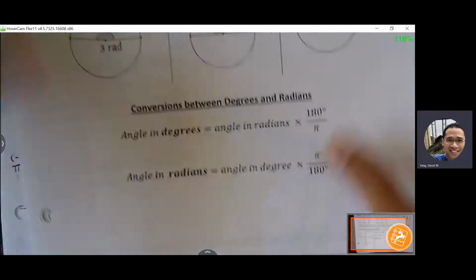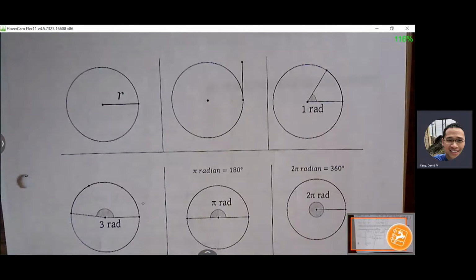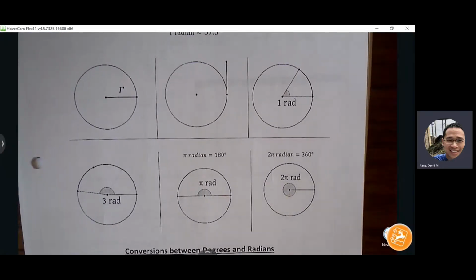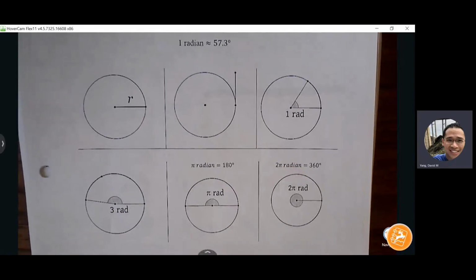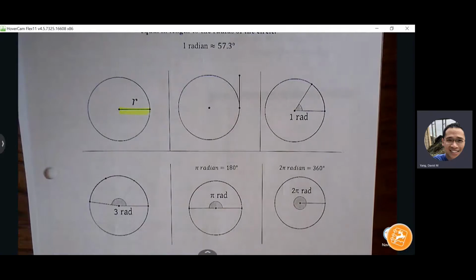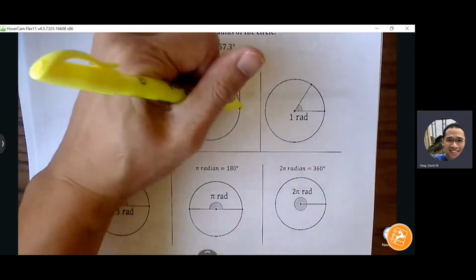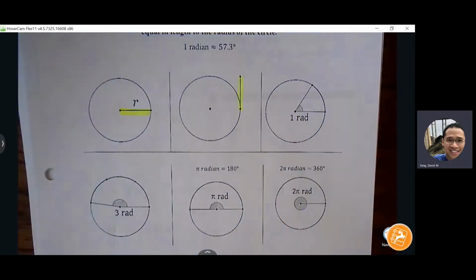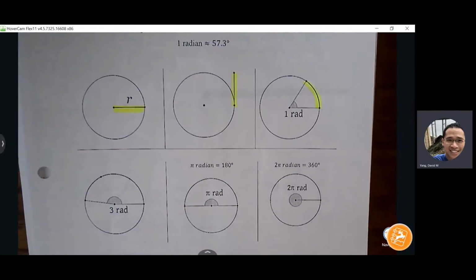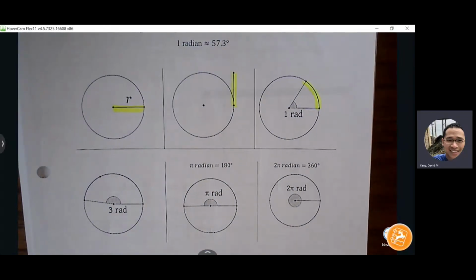So I have a little next page here just to give you a visual feel for what a radian is. So let's say we have a circle. The circle has a radius. So imagine whatever the circle is, if you take that radius and put it on the outside of the circle, and fold it along the circle, that measure is 1 radian.